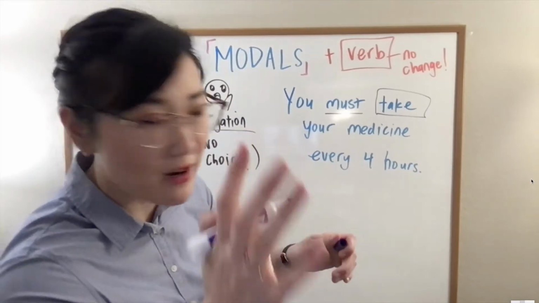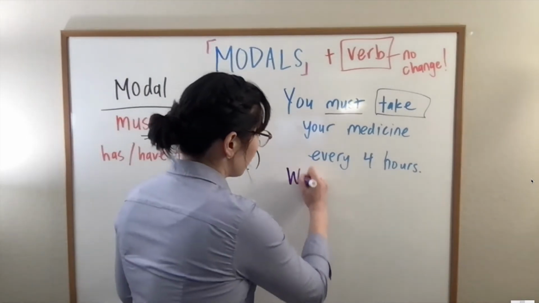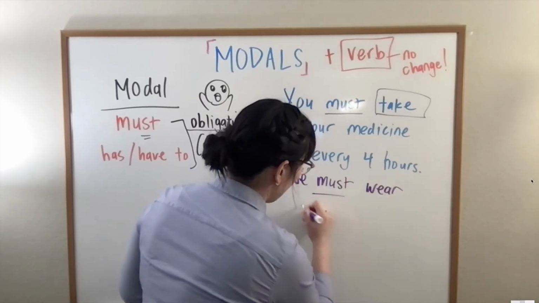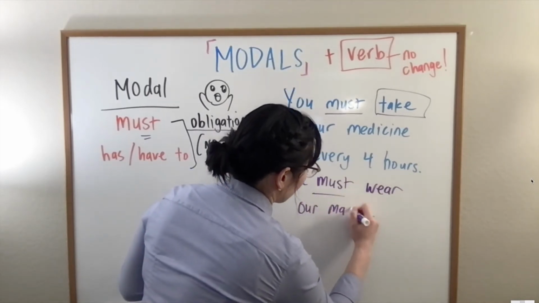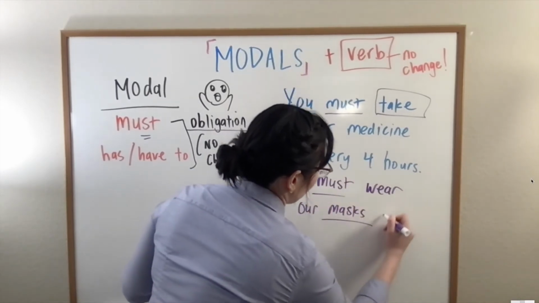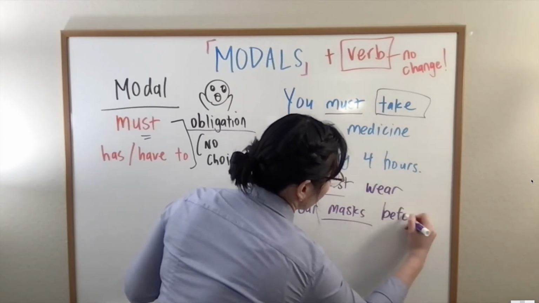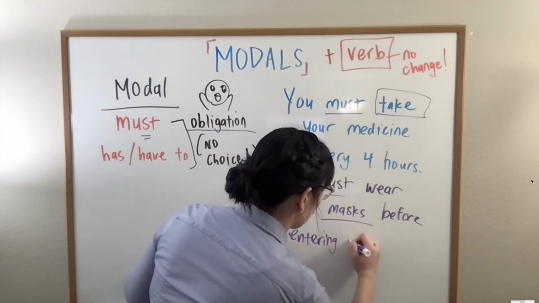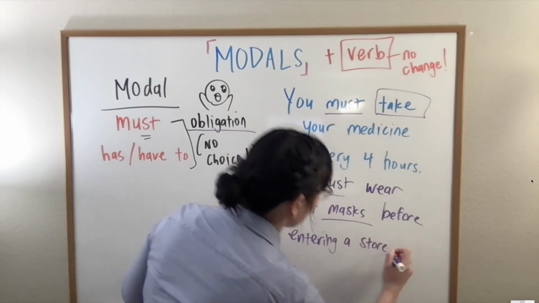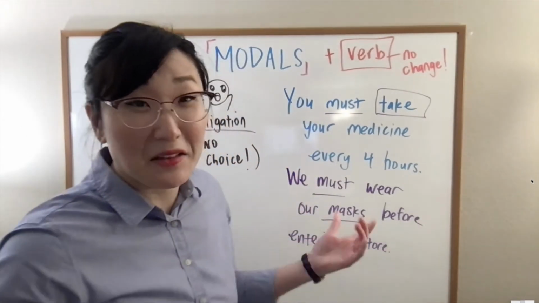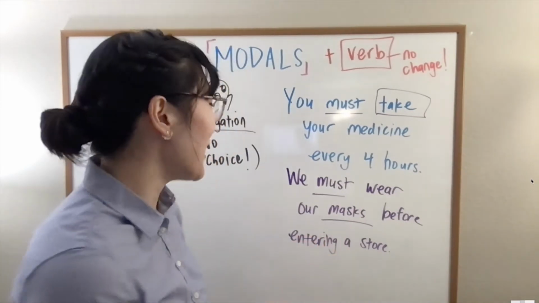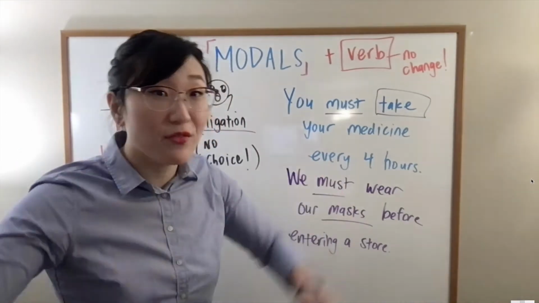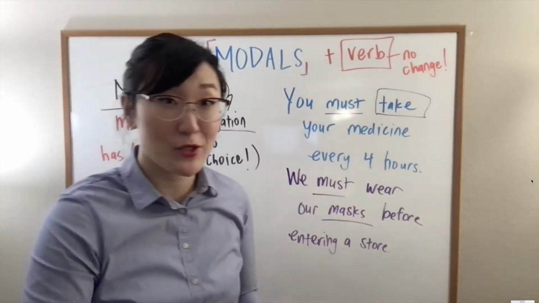We hear this everywhere. We must wear our masks before entering a store. At least in California right now, not Texas, but we must wear our masks before entering a store or a restaurant, right?